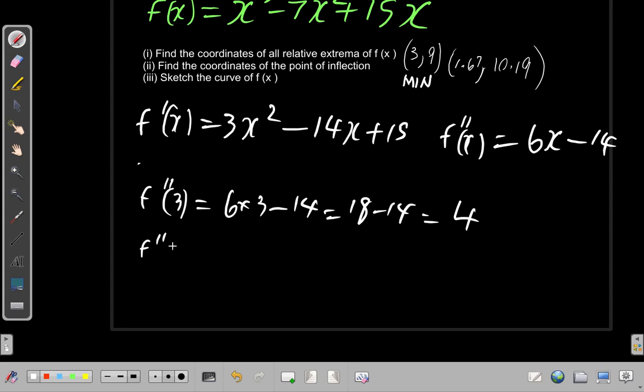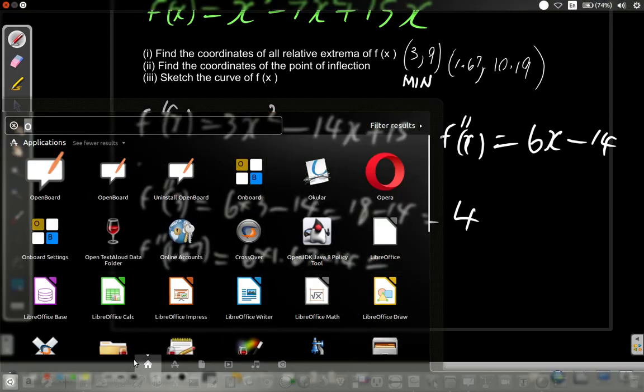F double prime of 1.67, x is 1.67 at this point, is going to be 6 times 1.67 minus 14. What is 6 times 1.67?